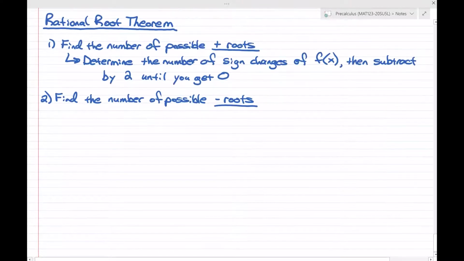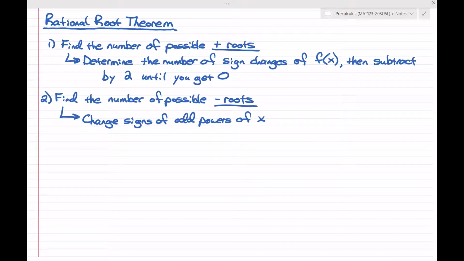And the way we do that is it's kind of like what we did above, but the first step we have to do is we change the signs of the odd powers of x. Meaning if you see an x to the third and it's like positive 2x to the third, x to the third is odd, so you make it negative 2x to the third.